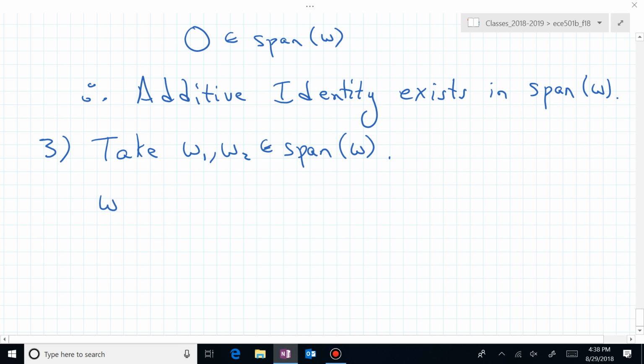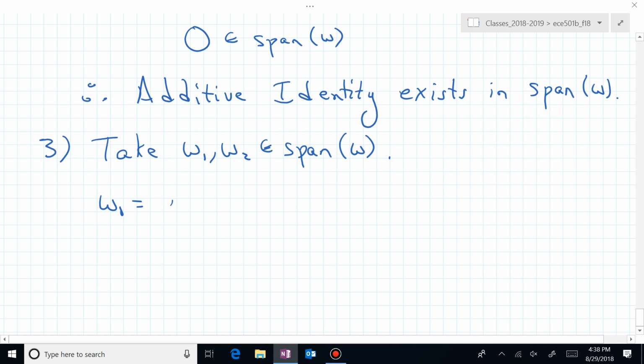How would I write W1 if it's in the span of W? It's a linear combination of the V's, isn't it? So now to make the notation a little more consistent, I was saying A1 times V1, A2 times V2, but now I want two vectors, or two elements, W1 and W2, so let me sneak a 1 and a 2 in there as well on the coefficients.